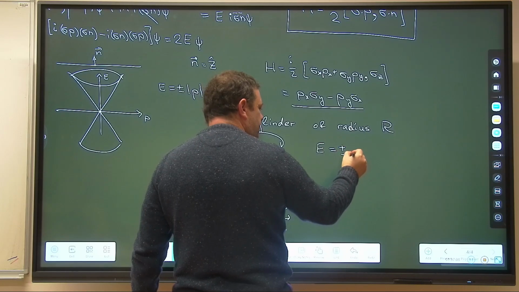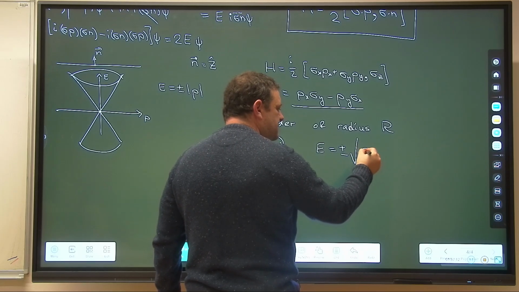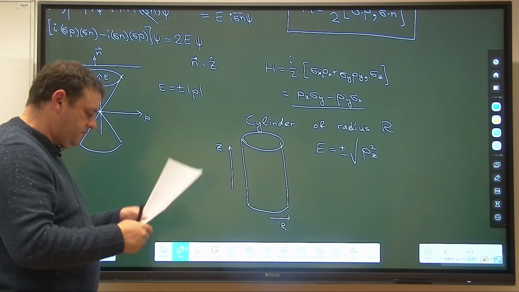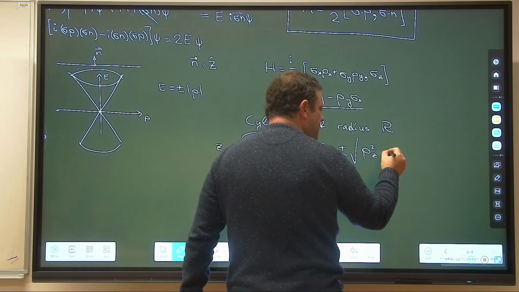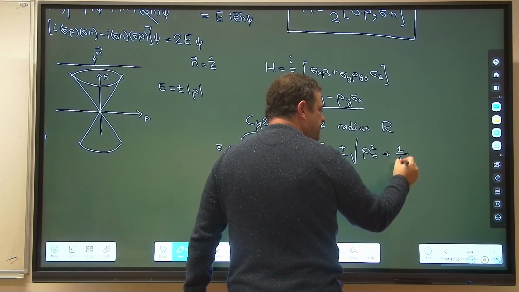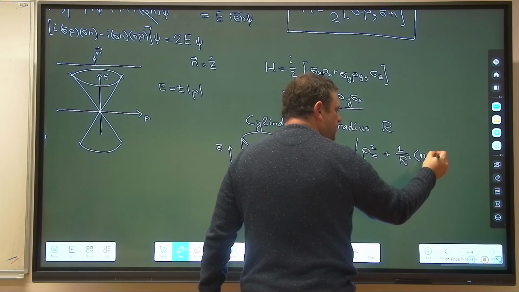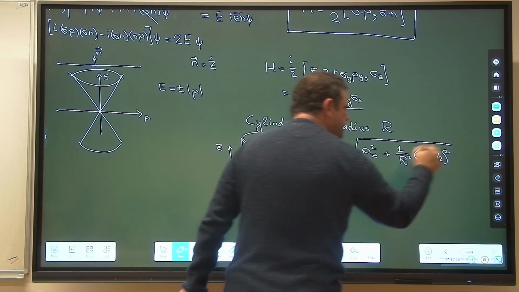The eigenvalues are plus and minus the square root, as usual, of pz squared, where pz is the momentum along the axis of the cylinder, plus 1 over r squared times (n plus 1/2) squared, where n is any integer.